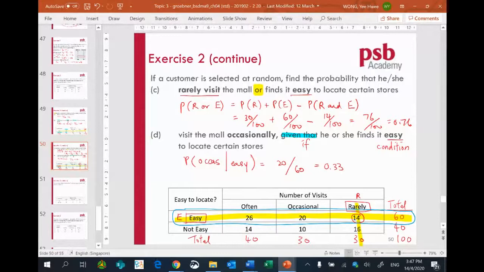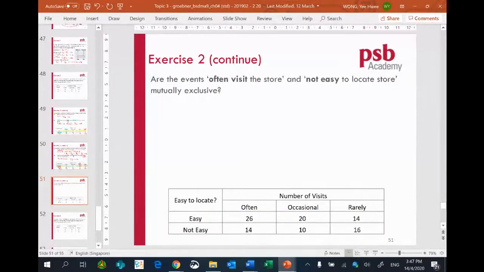Then question E is just a conceptual question asking you whether 2 events are mutually exclusive or not. So you have to understand the meaning of mutually exclusive. If 2 events are mutually exclusive, that means 2 events cannot happen at the same time.